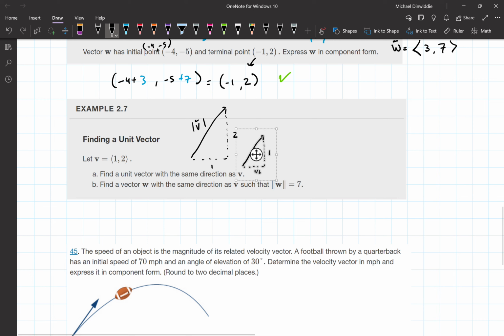And if you have a hypotenuse of length 1, what that means is we have now something that's purely the directional equivalent. And this is more useful for when you get into things like the dot product.